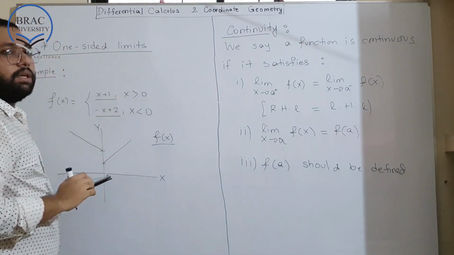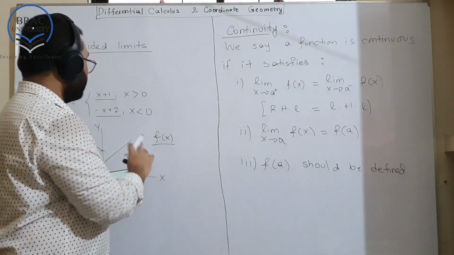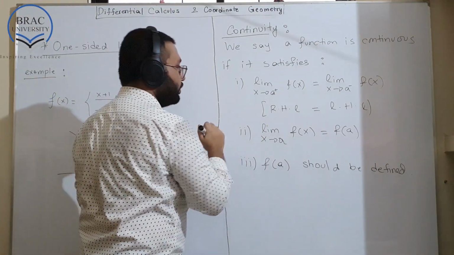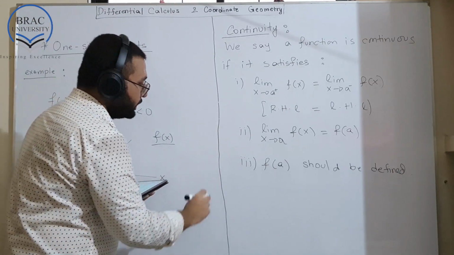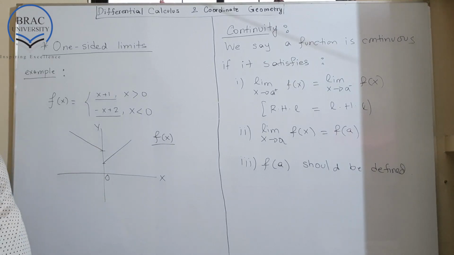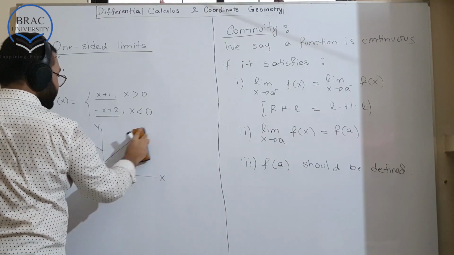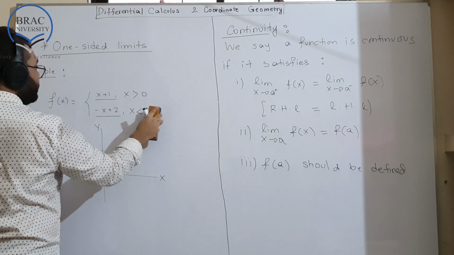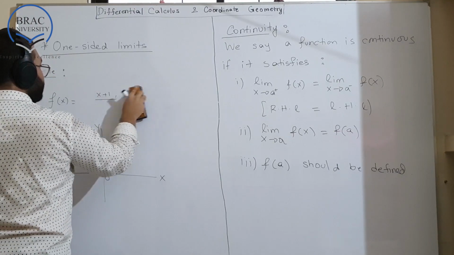I want you to think of a simple function. Not this one, this is a complicated example for these two. It could be thought of in a very simple way. Say we have a function, x plus 1.